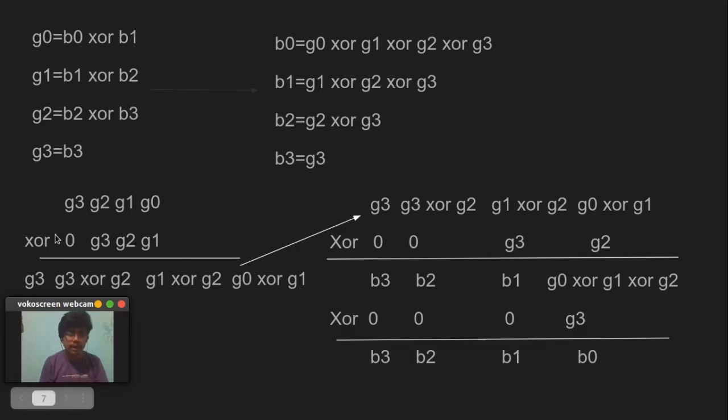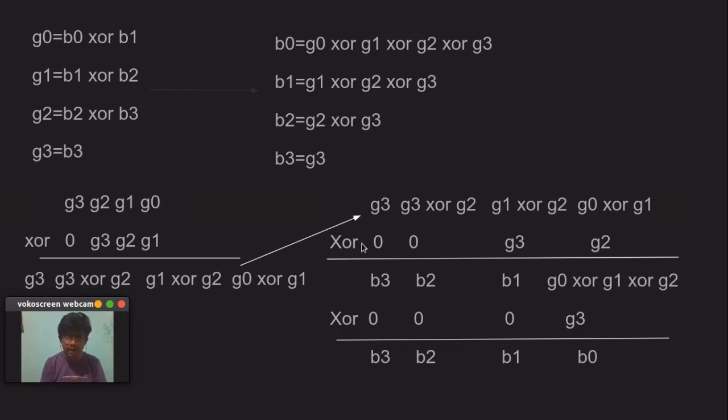Now again taking the right shift of this number we get 0, 0, G3, G2, and taking the XOR with the resultant number we get G3 XOR 0, which is G3, which equals B3, G3 XOR G2 XOR 0, which is G3 XOR G2, which equals B2, G1 XOR G2 XOR G3, which equals B1, and on the last bit we get G0 XOR G1 XOR G2.